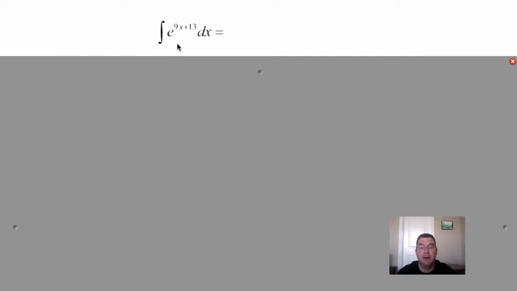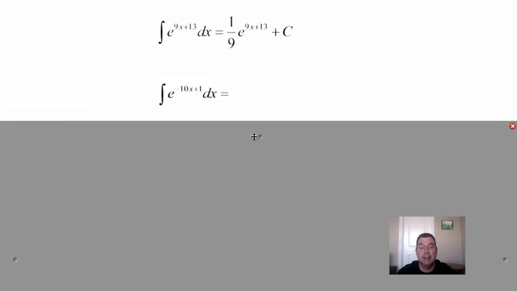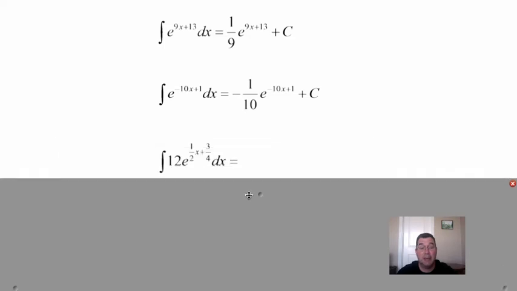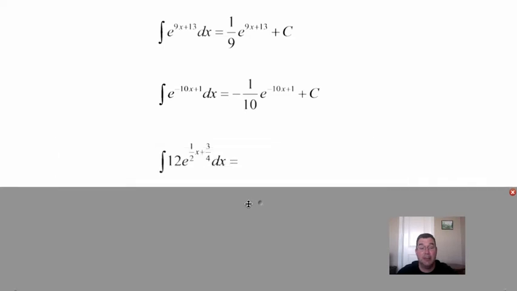The antiderivative of e to the 9x plus 13 would be 1/9 e to the 9x plus 13 plus a constant. For e to the negative 10x plus 1, the antiderivative would be negative 1/10 times e to the negative 10x plus 1 plus c. The third and final example of this type is the antiderivative of 12 times e to the 1/2 x plus 3/4.